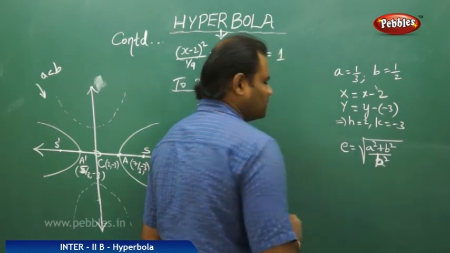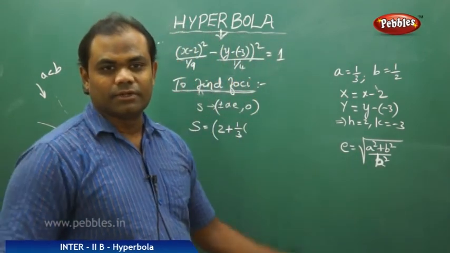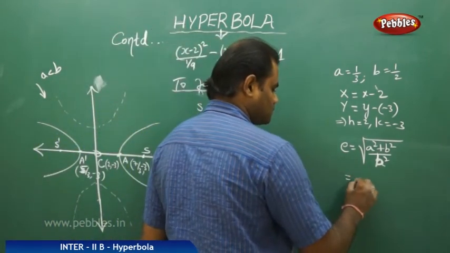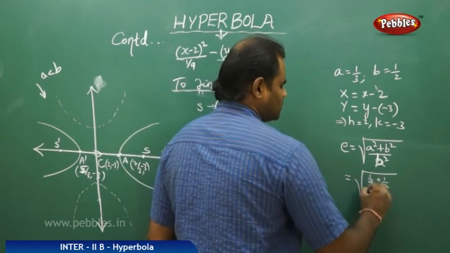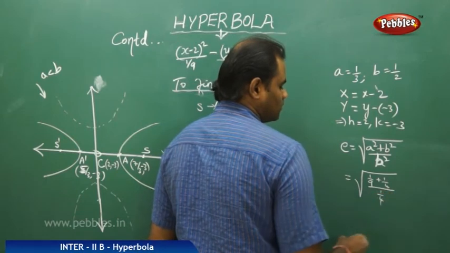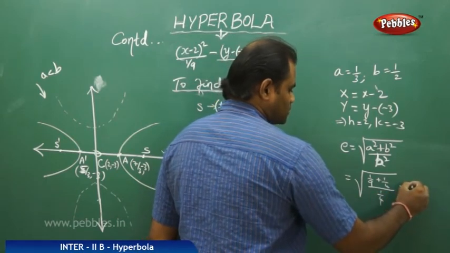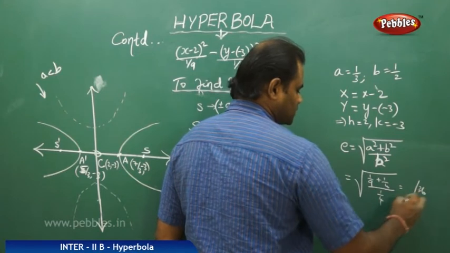The eccentricity formula is given by this, which on simplification gives root of 1 by 9 plus 1 by 4 by 1 by 4.